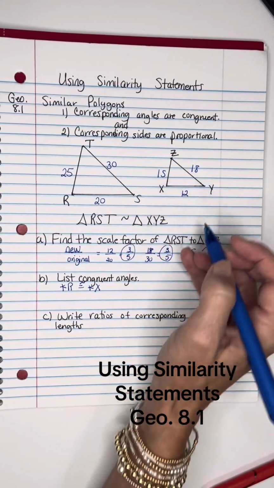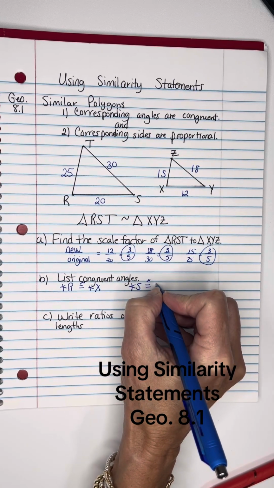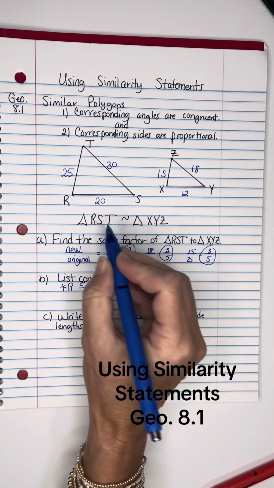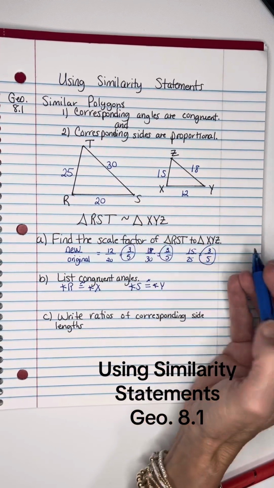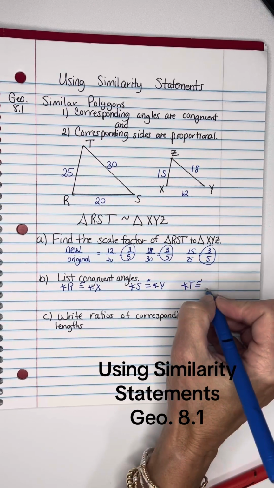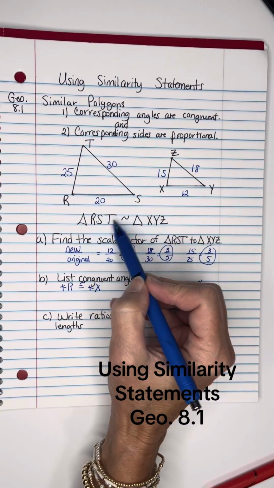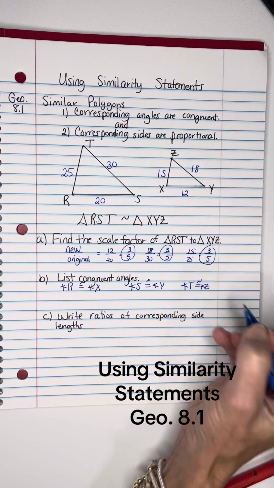That is here and here. So angle S is congruent to angle Y, the second one and the second one. And then we've got the T and the Z in the same place. So angle T is congruent to, T is the third one, so it's the Z, angle Z.